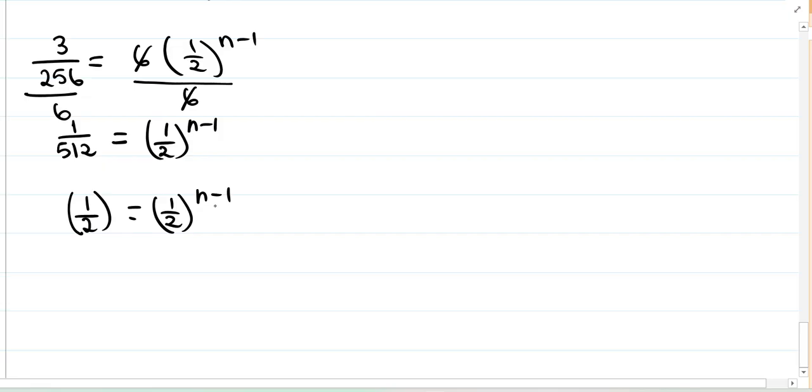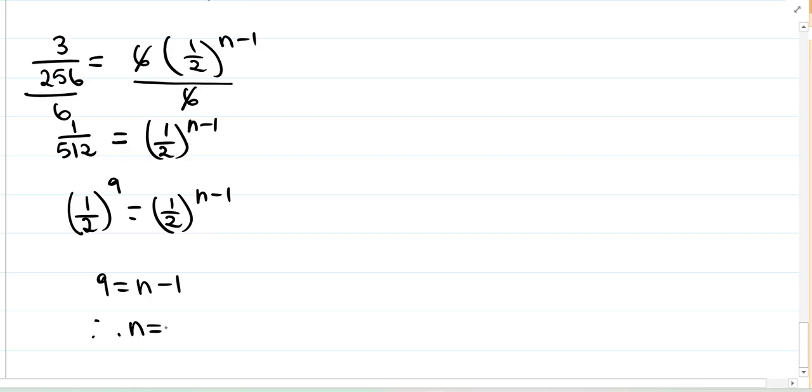If you don't know how to do that, if you're using a Casio, you insert 512, then press equal sign, shift, fact, and it will give you 9, meaning that 512 can also be written as 1 over 2 to the power of 9. So now the bases are the same. So when the bases are the same with an equal sign in between, I can equate the exponents.